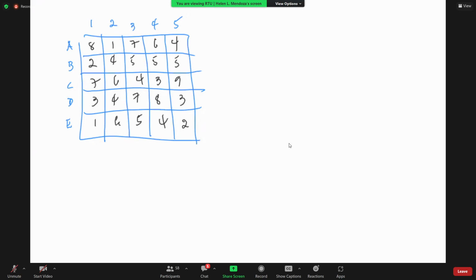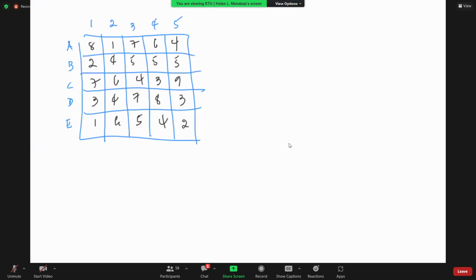De La Cruz, ano bang unang procedure natin? I-reduce po, ma'am. Ang alin? Yung value po. Saan tayo mag-uumpisa? Reduce ng? Kung nag-e-exam tayo ngayon, wala ka lang masagot. Paano na? Ano i-reduce?